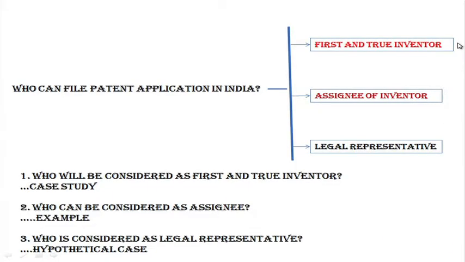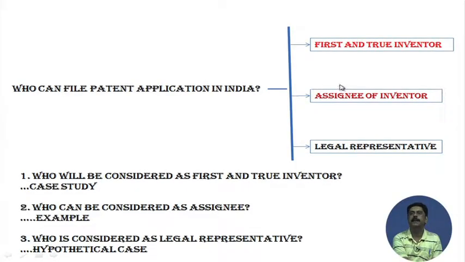The first and true inventor, or his assignee, or the legal representative of the first and true inventor. You should read it that way: first and true inventor, or his assignee, or legal representative of the first and true inventor, either singularly or jointly.